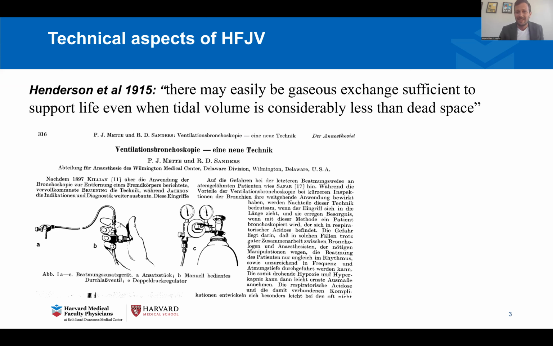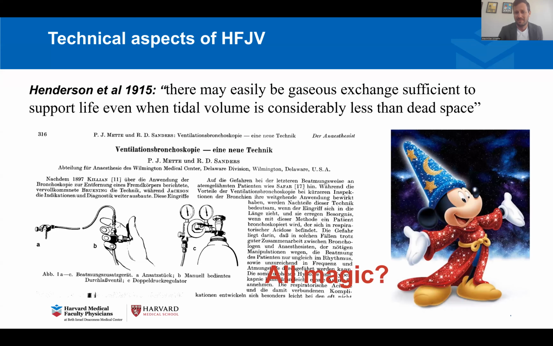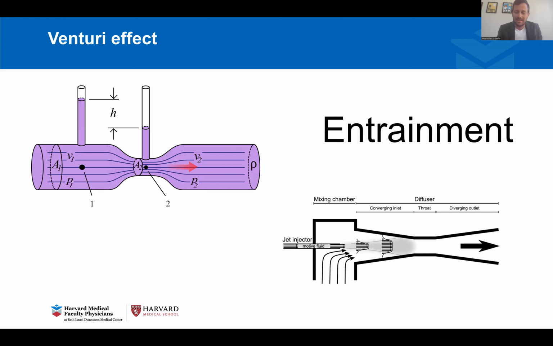So gas exchange when tidal volume is less than dead space, is that magic? How does that even work? What we teach our residents and our medical students is that one of the most important physiological backgrounds to consider when using jet ventilation is the Venturi effect. The Venturi effect basically describes entrainment of ambient gas when air is accelerated at higher speeds and flows through a narrowing in the airway.